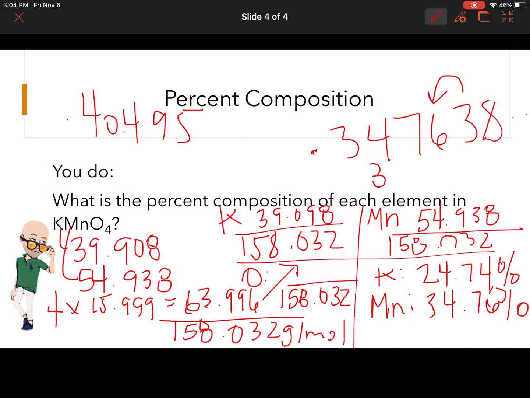What am I going to do with this one? Well, the 5 rounds the 9, but the 9 rounds the 4. I'm just going to call this bad boy 40.50% oxygen. So there's my oxygen, 40.50%.